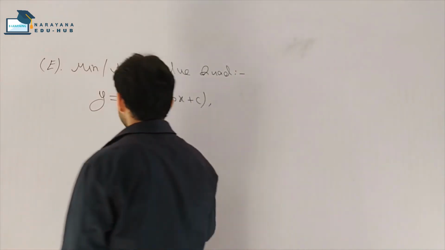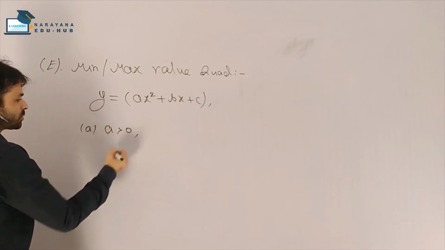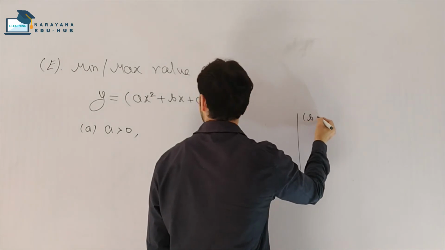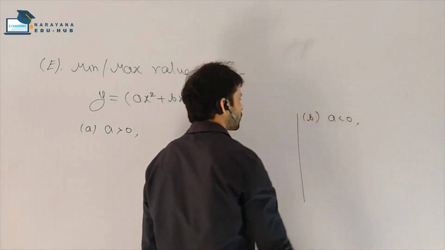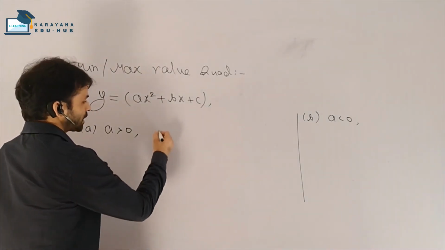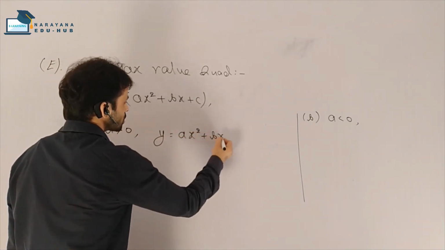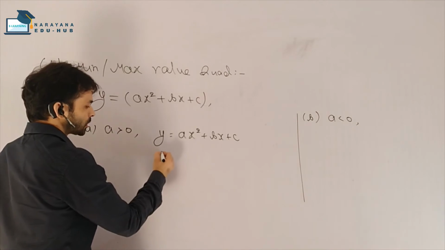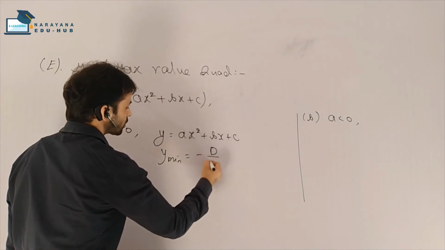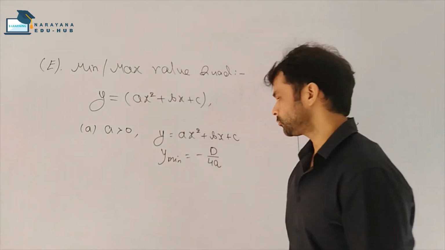Here two things can happen. a can be positive or a can be negative. If a is positive, then the minimum value of this will be minus d by 4a. D you know, the discriminant, b square minus 4ac.